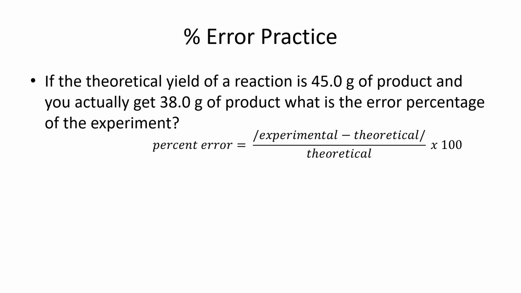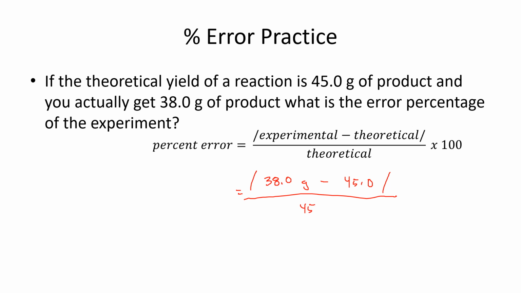Okay, so let's give this one a try. If a theoretical yield is 45 grams of a product and you actually got 38 grams of a product, what is the error percentage? So we will put in the experimental value here, 38, and we'll subtract the theoretical value, 45.0, and that's going to be a negative value, so we're going to get rid of that.